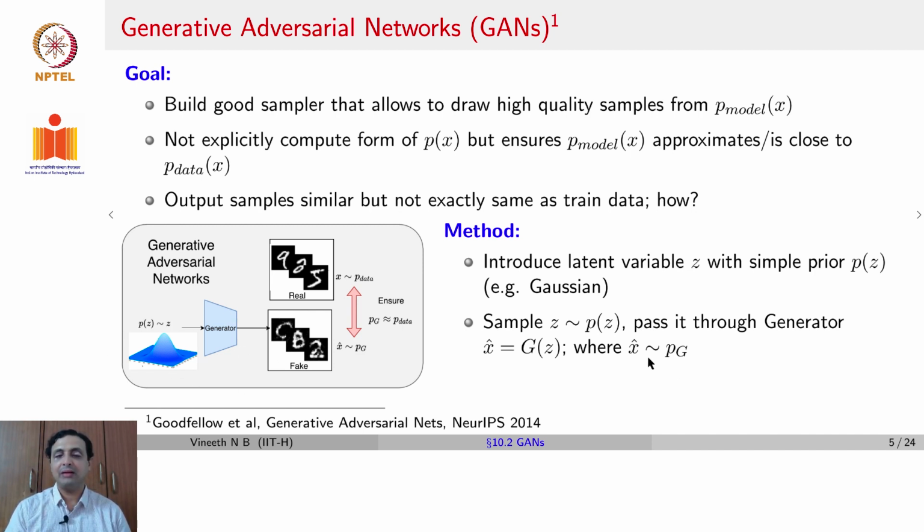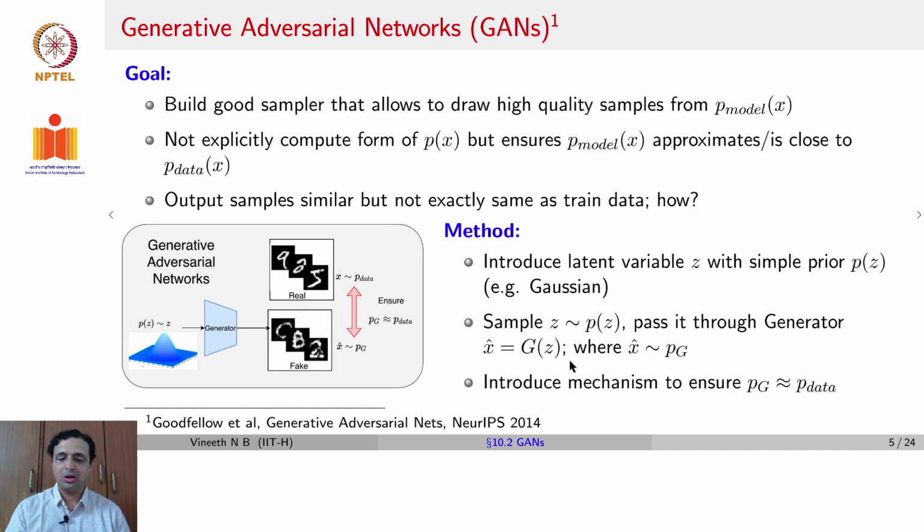Let's call that X hat. Those are the samples coming from PG. PG denotes the distribution of images generated by the generator G. Now, what do we want?